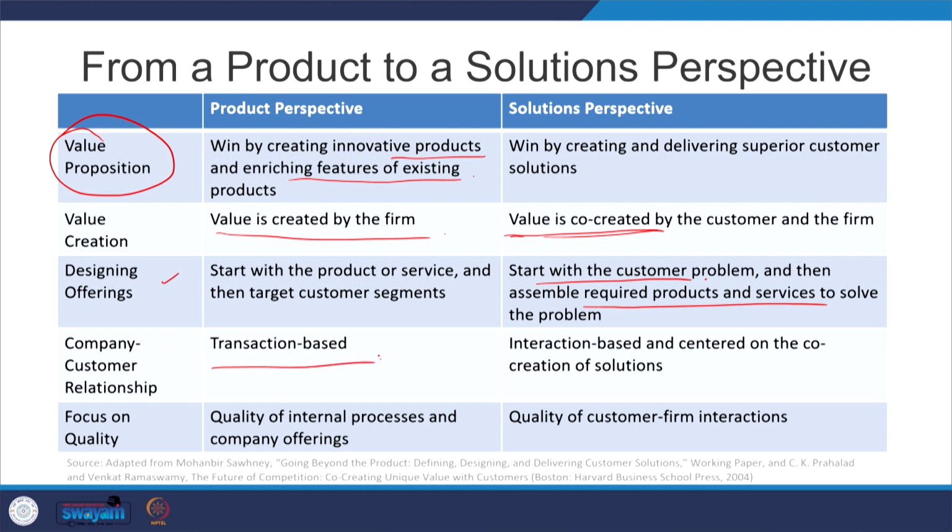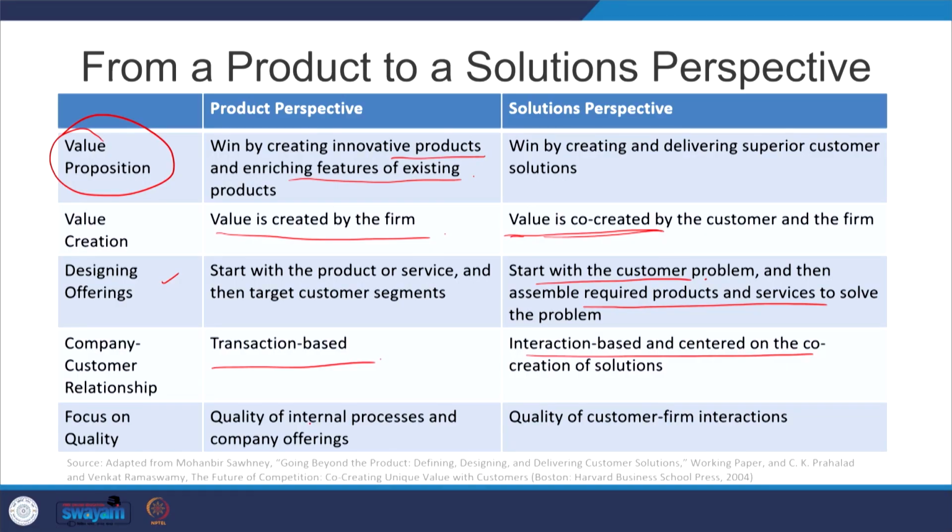Here it is a transaction based relationship, that means it is largely on price: what kind of offering we are giving to the buyer and how much he is paying us. But here it is more interaction based, or a partnership based model, where the buyer and the seller jointly decide what the product should be and develop the product jointly. So, this issue that tomorrow something can land up is not there.